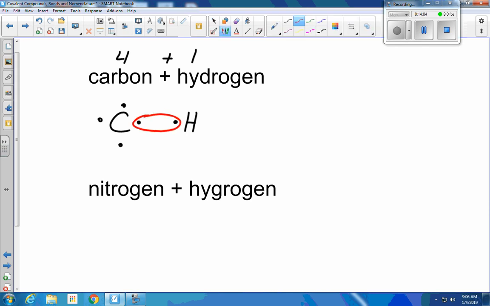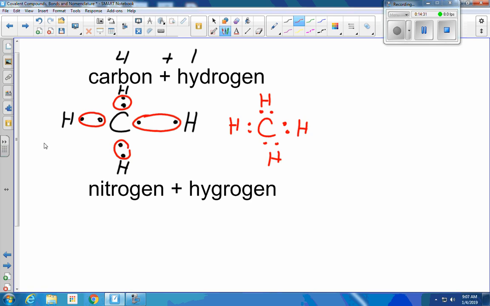Okay, you see an easy bond here. I'm going to have to add some more hydrogens here. And you can see the easy bonds here that form. And so carbon, and you can see it is happy because it has 8 now.